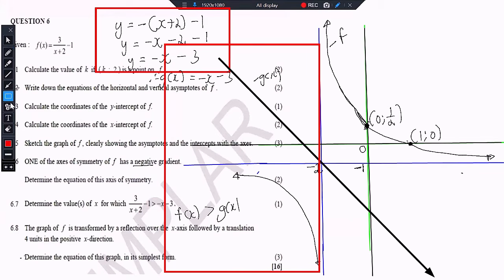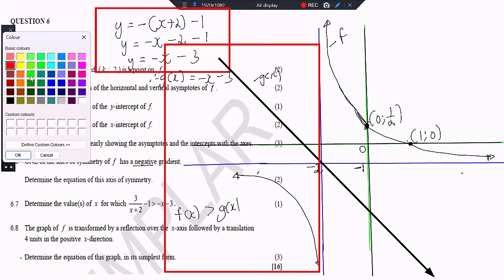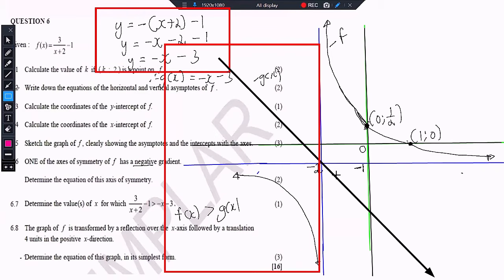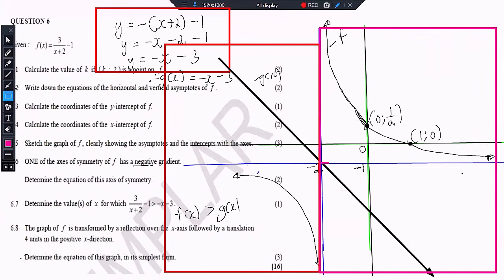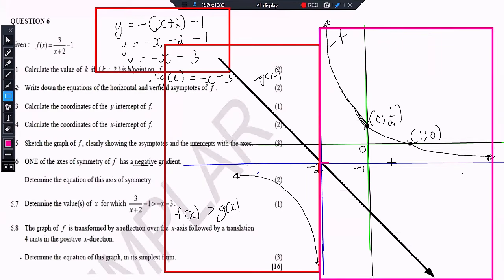But then now let's check. After that point, there is something else we need to note, right? Now, after that point, we have this here. What is it that we note there? We can see that the graph of f is above the graph of g, right?